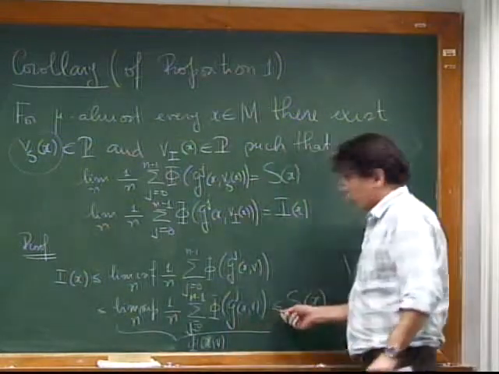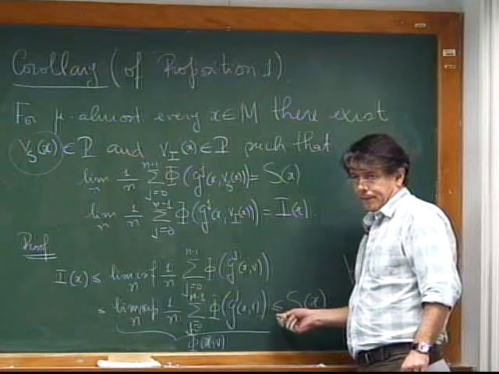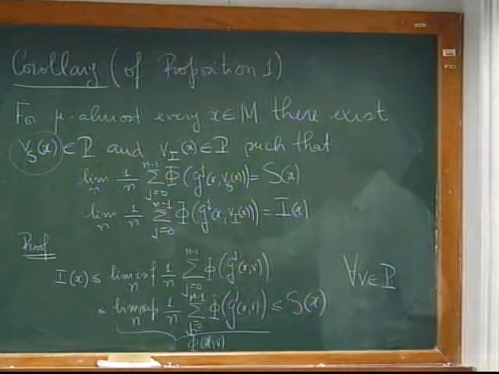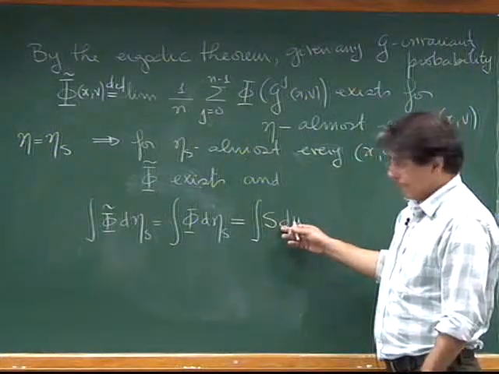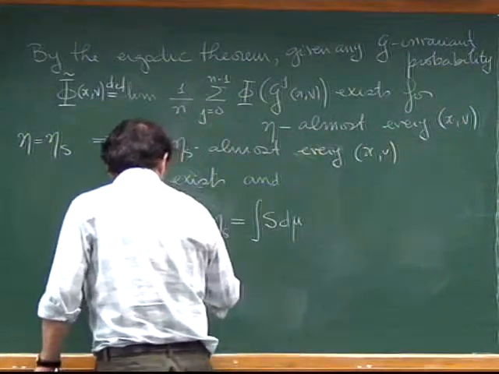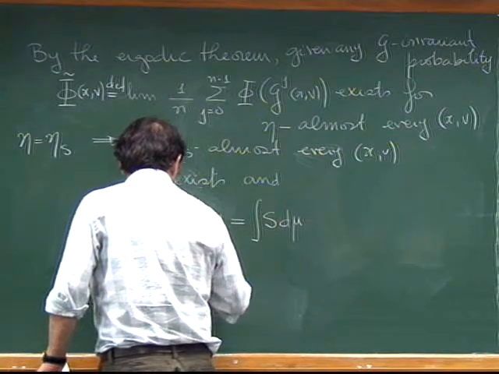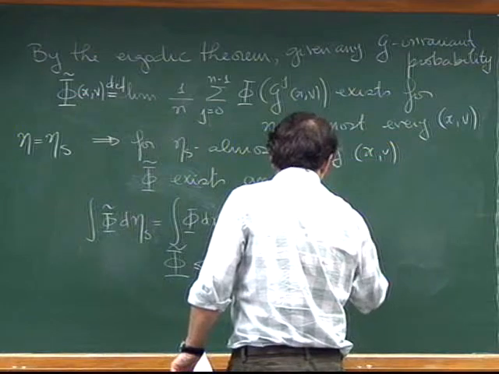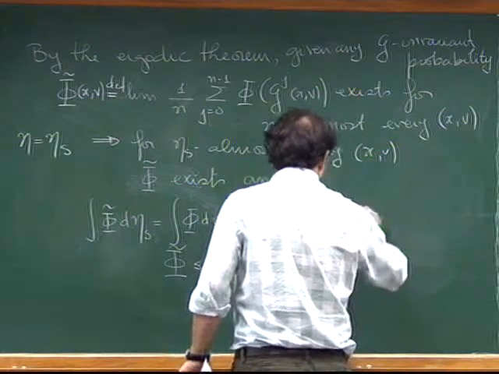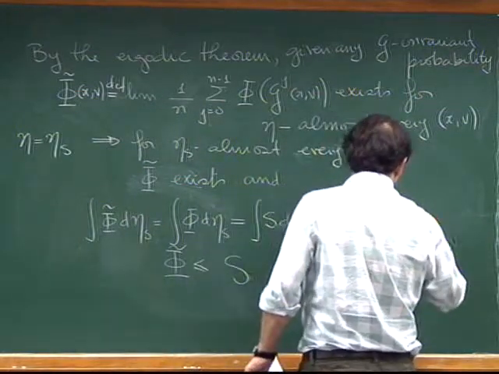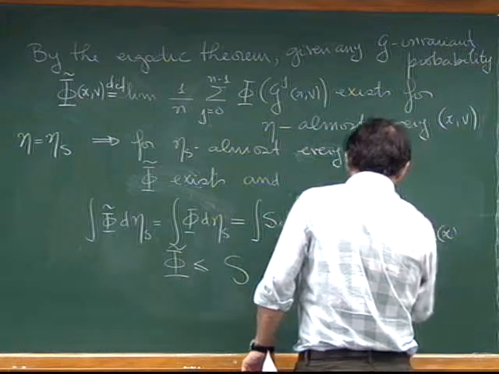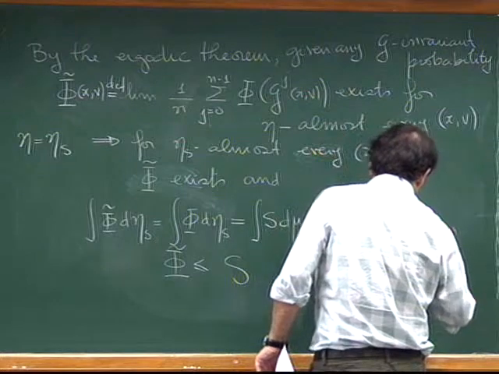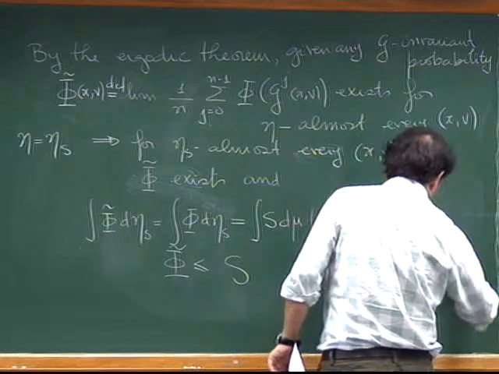It's always smaller than S of x. And the integral is the same. So if I combine this with the fact that phi twiddle is less or equal than S, I conclude that they have to be equal for eta S almost every pair.